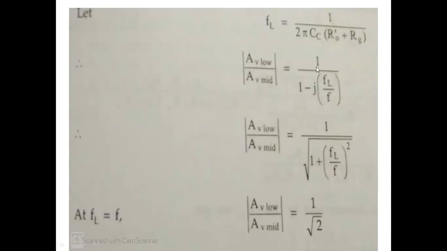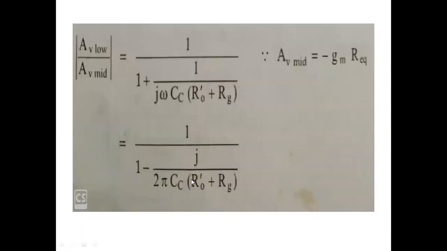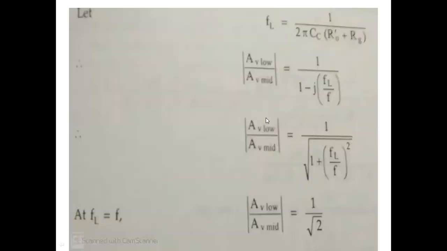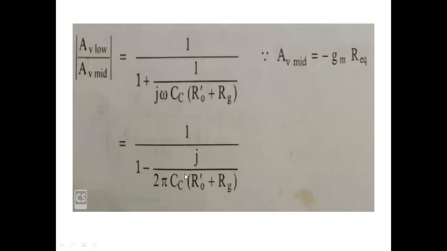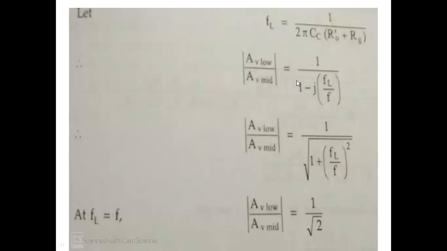If you substitute this value in this equation, then we have 1 by 1 minus j into FL by f, and already we have f in the denominator. Hence A_V low by A_V mid becomes 1 by 1 minus j into FL by f. And this is the gain. If you take the magnitude, that becomes 1 by, numerator magnitude 1, and the denominator term is in the form of A plus jB.